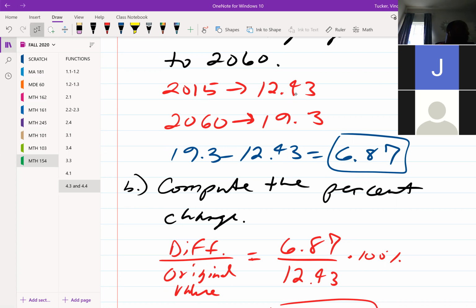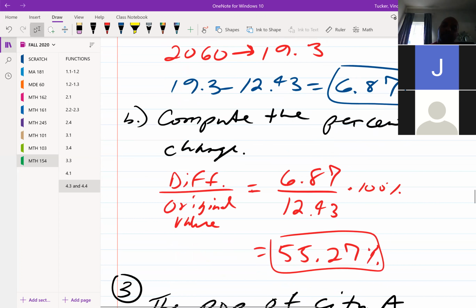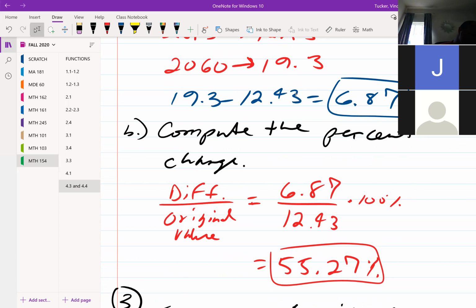So we take that difference that we found in the first problem, place it over the original amount, which is 12.43, which is a similar process to what we've done even in 4.3. Subtract your data values, then divide by the original amount. Multiply that by 100, and you get 55.27.